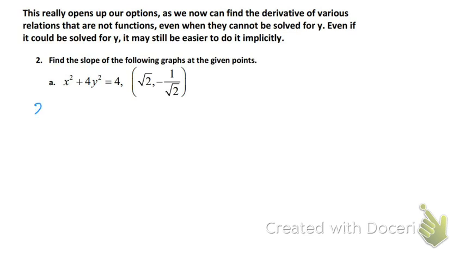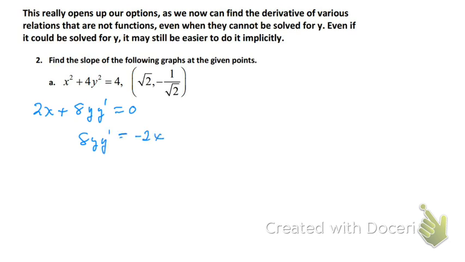So I've got 2x plus, I multiply the 2 times the 4, y y prime, yeah? See if I did my math right. Okay, I'm going to get 2x on the other side, so I've got 8y y prime equals.